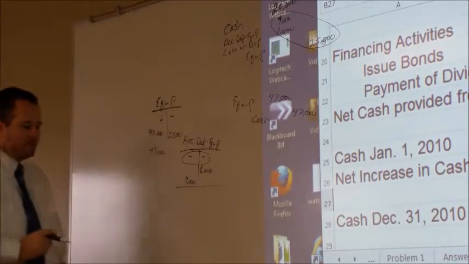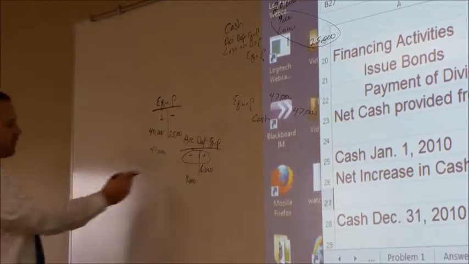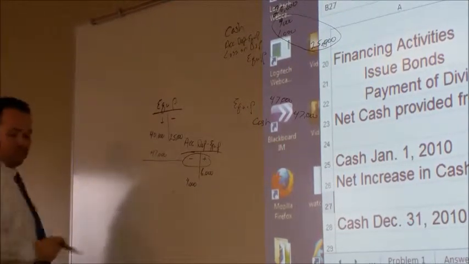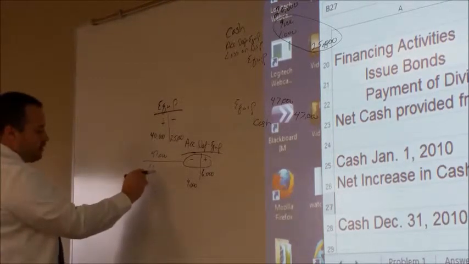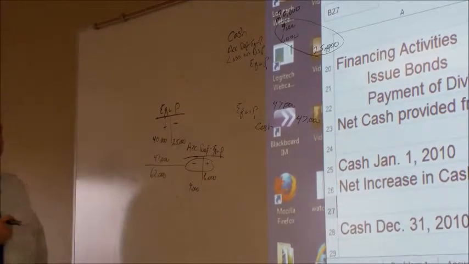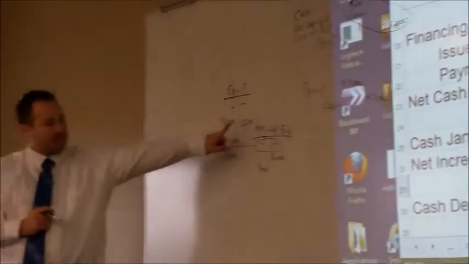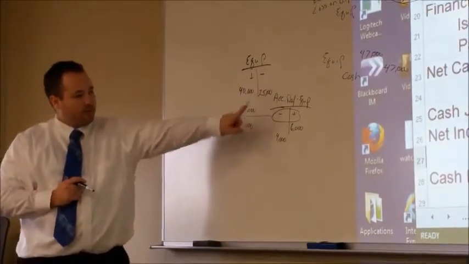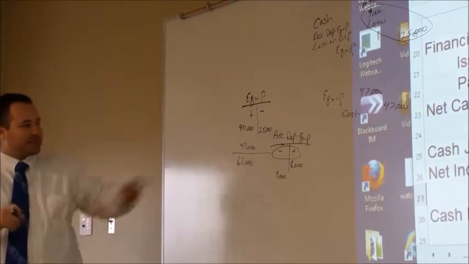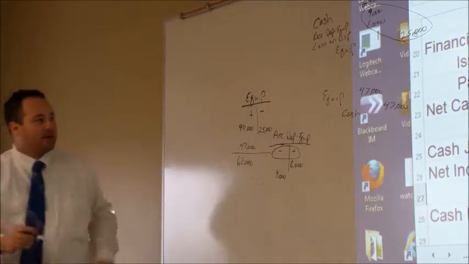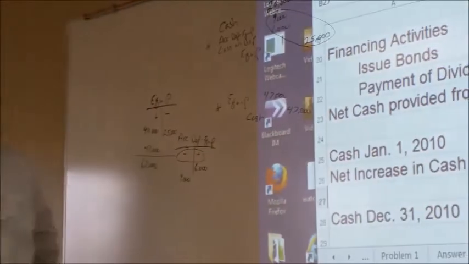If I total up my equipment, that explains where the 62,000 comes from. The 40 I started with, minus what I sold, plus what I bought. So I've now explained the equipment by these two entries, and these two items are going to need to go in my investing separately.